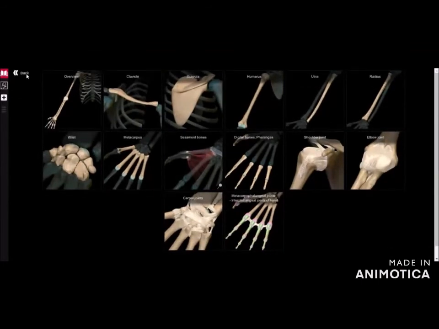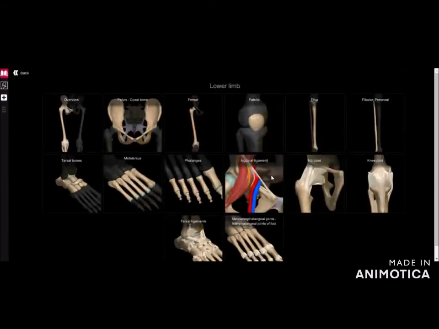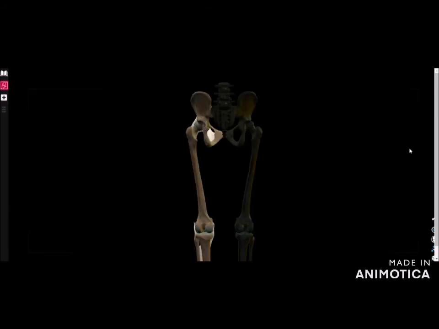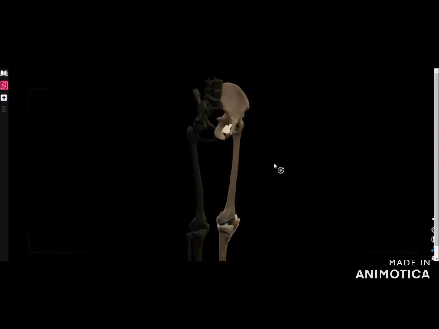So we're going to go back to the bones of the lower limb. And first off, while we said that the sacrum, which is this portion here, is part of the axial skeleton, it attaches to the coxal bone.